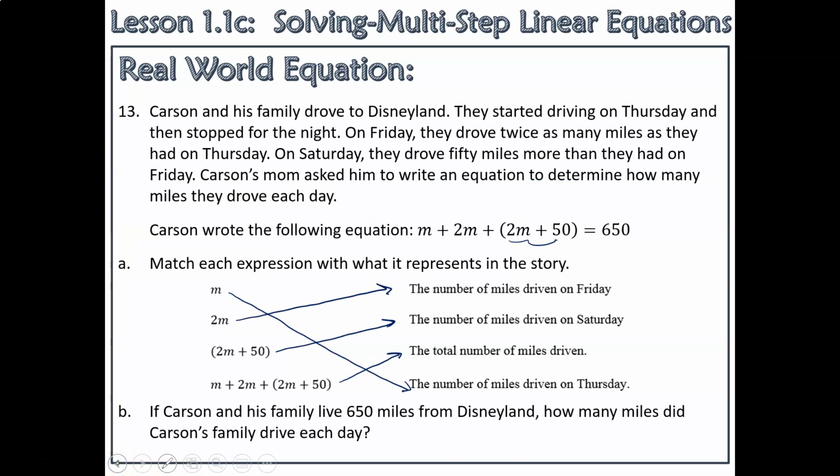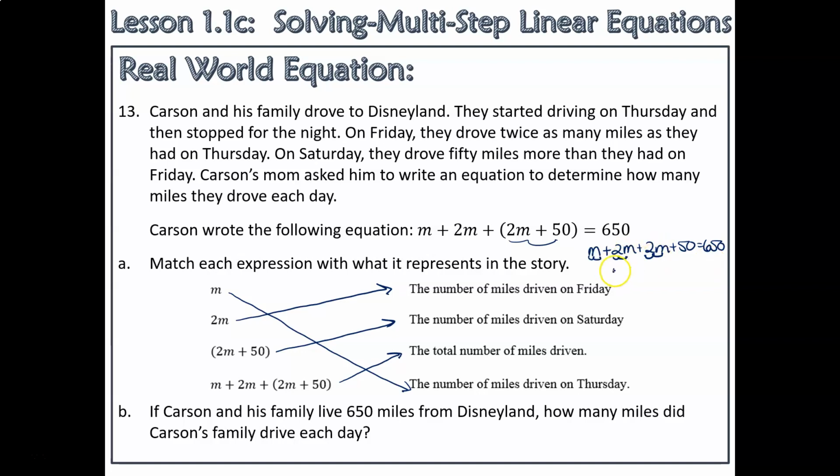So, M is the number of miles. Let's figure out what M is first. So we're going to take M plus 2M plus 2M plus 50 equals 650. We're going to combine all these M's.